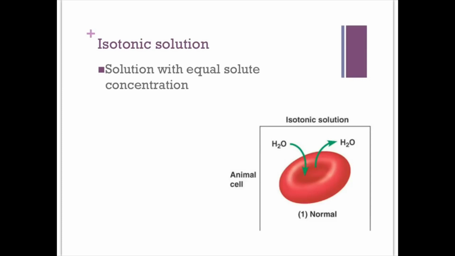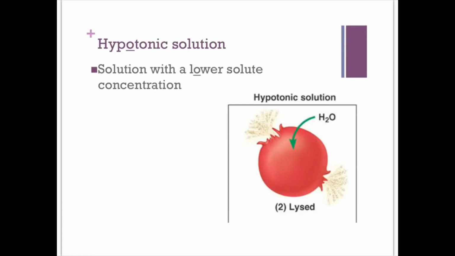So if this is a red blood cell in a solution that is equal concentration to inside, I am still going to have movement of water because molecules are always moving, but there's going to be an equal concentration of water moving in and water moving out. So in this case, my cells are not going to change in size.